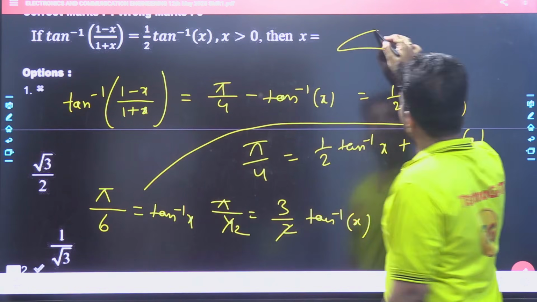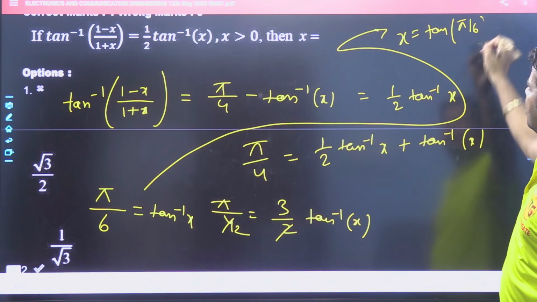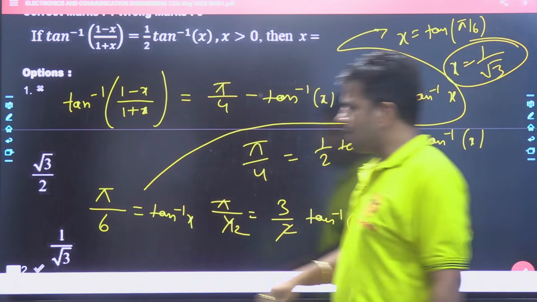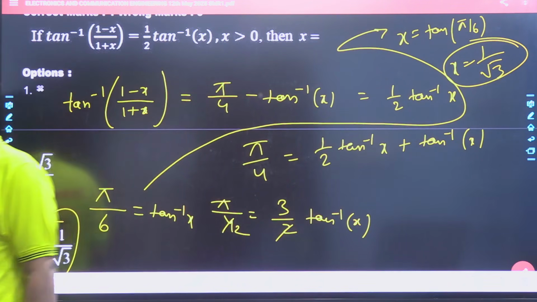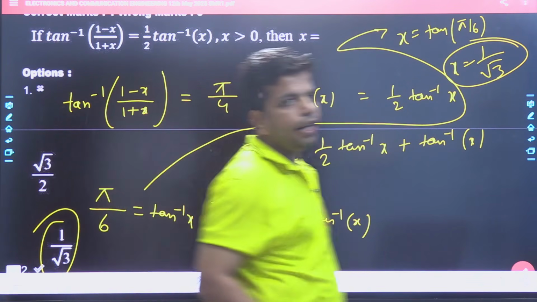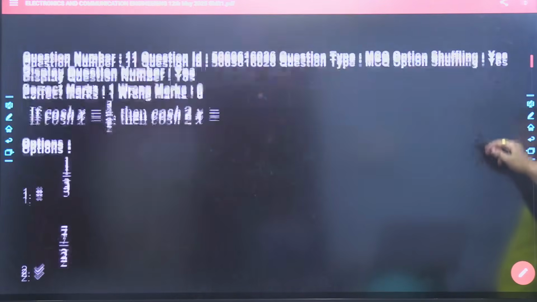So on solving this, x equals tan pi by 6. So x equals 1 by square root 3. We can go with the answer second. So 1 by square root 3 is your answer. Are you getting the point? So simply we need to apply the trigonometry identity and we can easily identify the answer.